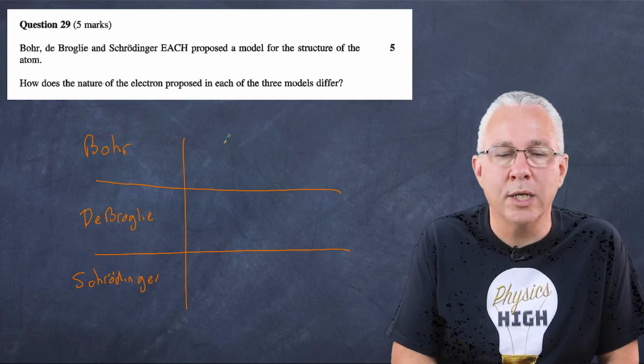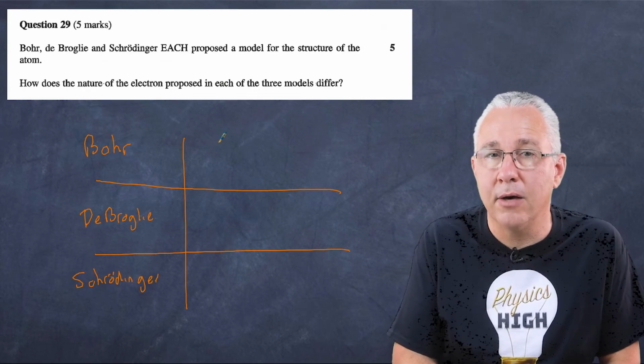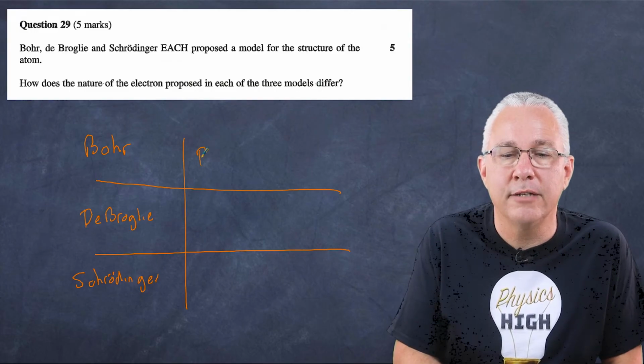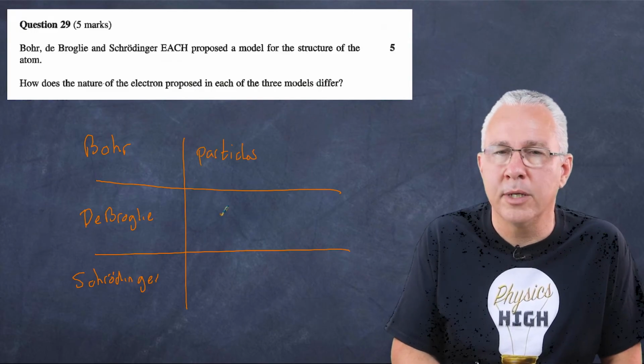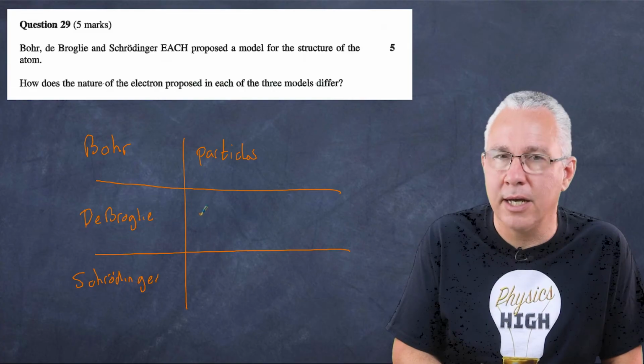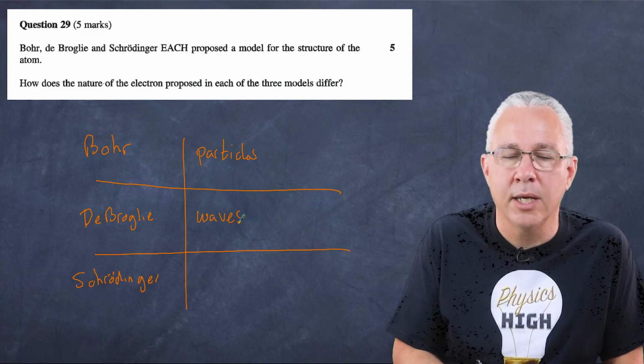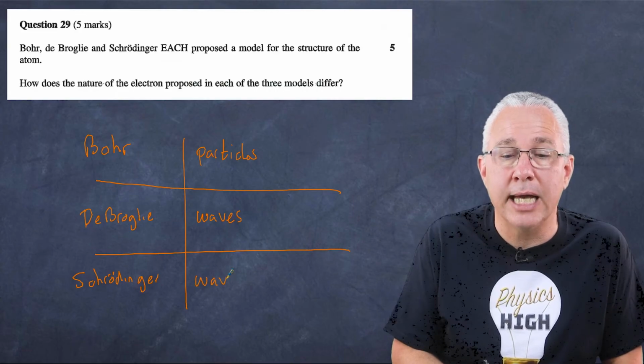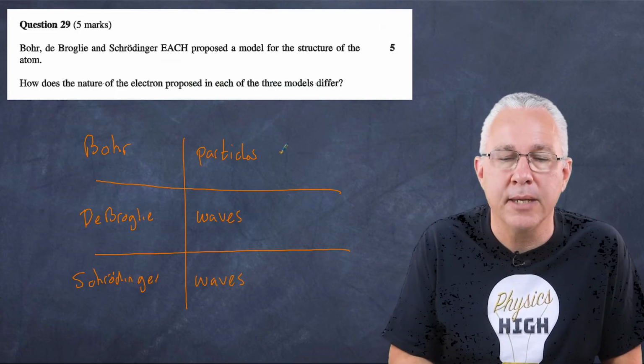First of all, what can we say about Bohr in terms of how he defined electrons? Well, first of all, they are defined as particles. What about de Broglie? Well, they're actually defined as waves. What about Schrödinger? Well, he also talked about waves, but we're going to see how that's different in a moment.